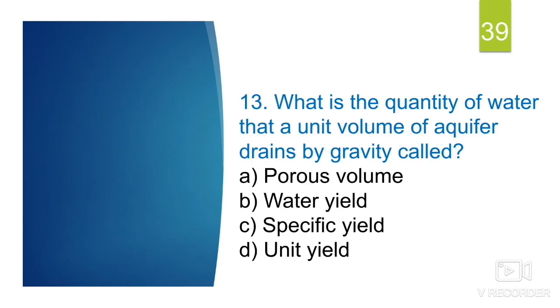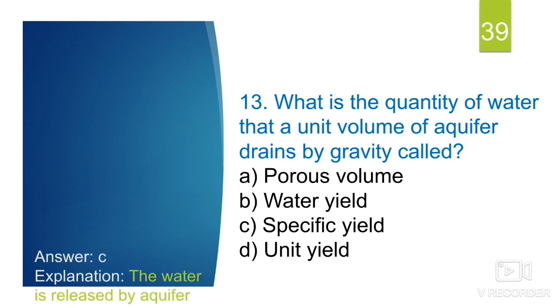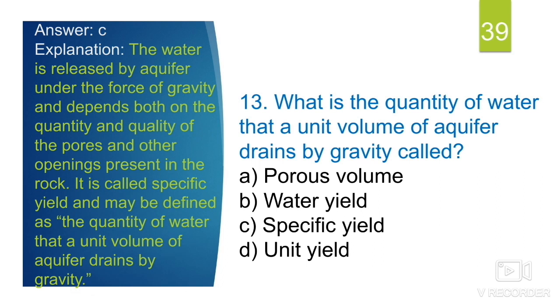Next one is, the quantity of water that a unit volume of aquifer drains by gravity is known as porous volume, water yield, specific yield or unit yield. So that is specific yield, and we must understand both these terms, specific yield as well as specific retention, because they are generally asked in each and every exam related to geological sciences, whether it's an objective type or a subjective type of exam.